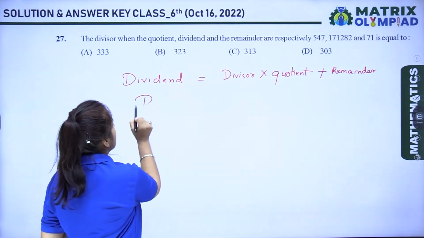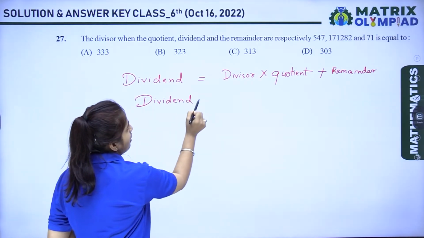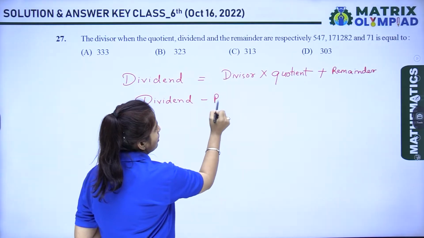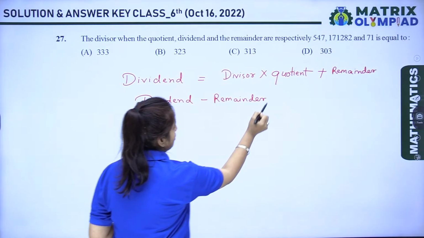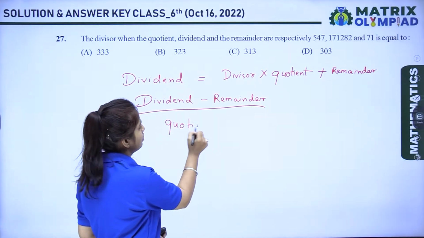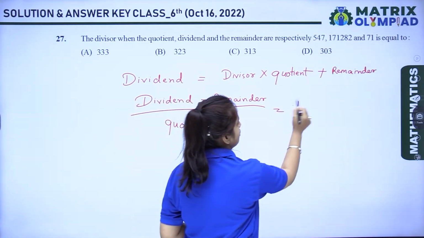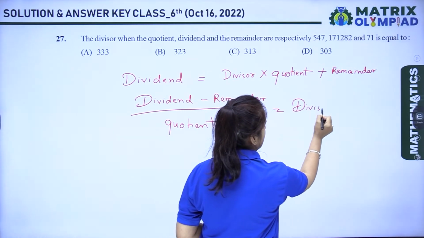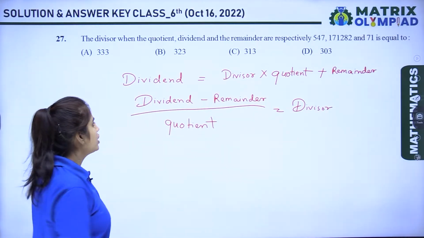Now, here dividend minus remainder upon quotient will give us the divisor. So, here we are going to put the values.